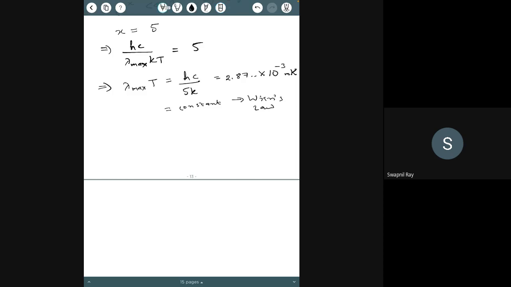The next thing we can do is adopt an iterative procedure. What does that mean? An iterative procedure is where you pose a problem as x equal to function of x.